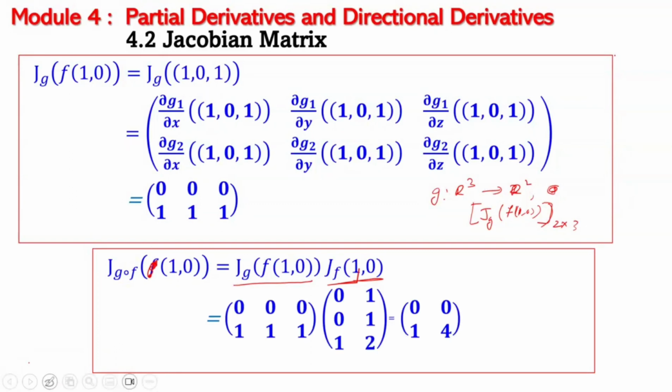This is a 2 by 3 matrix, and this is a 3 by 2 matrix. So the product is well defined, and if we take the product we will get a 2 by 2 matrix, and this is the Jacobian of G composition F at the point (1, 0).